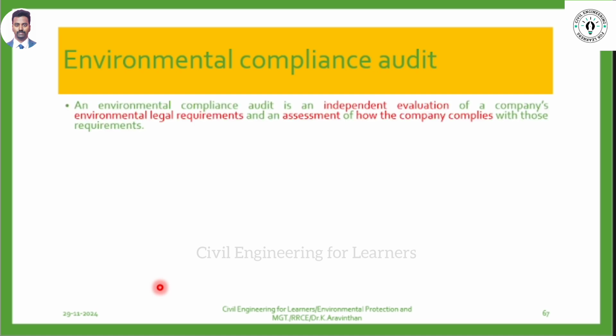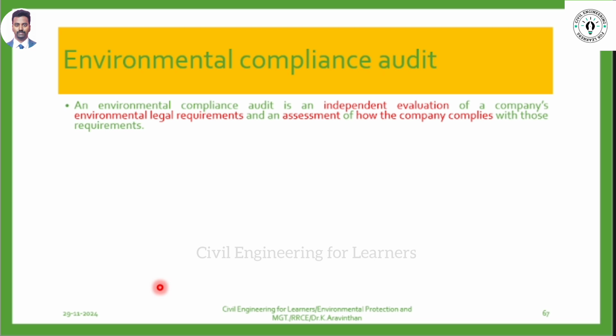This means the company is being evaluated only for environmental needs. I told you about ISO in the last class. How many types of ISO are there? ISO 9001, ISO 14001, ISO 19011, a number of ISOs. But an environmental compliance audit particularly involves environmental parameters.